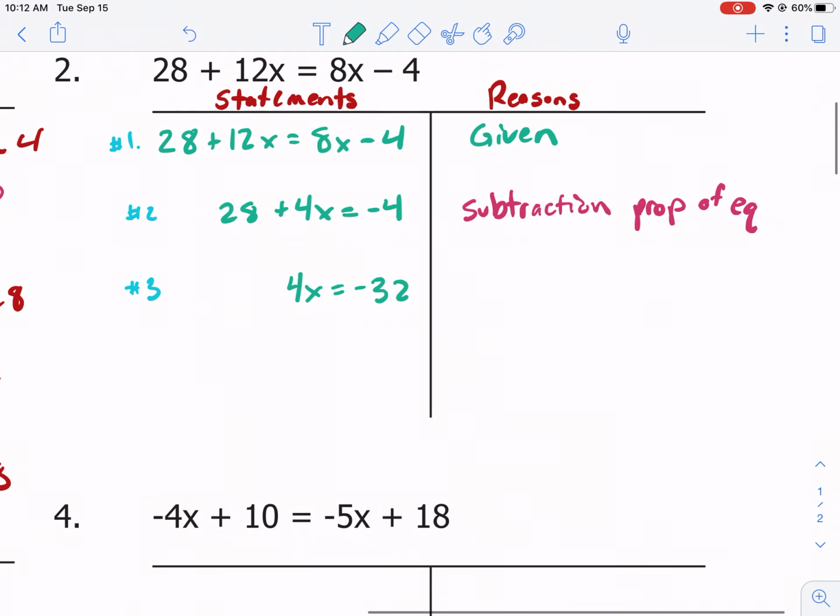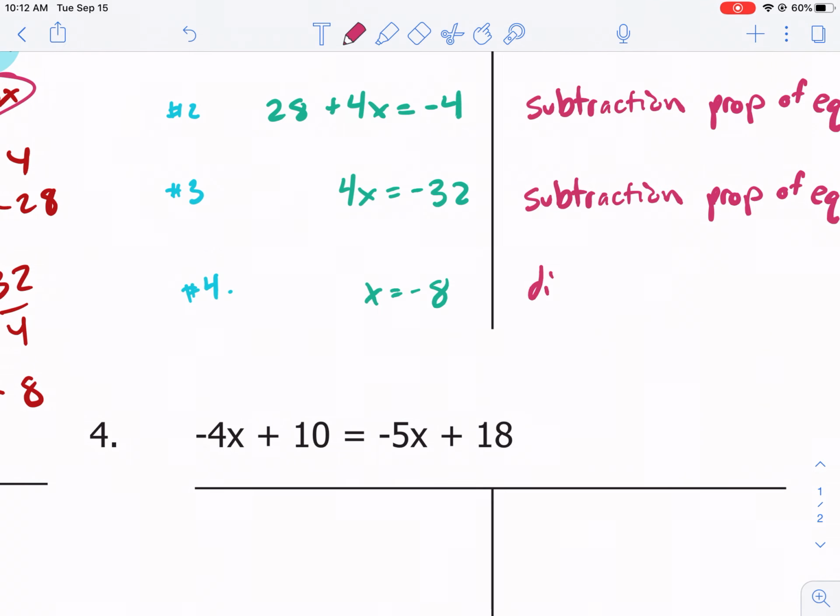Again, we use the same thing: the subtraction property of equality. So we're going to post that right there. The last step, we got x equals negative 8. We have our final answer. How did we arrive at this final answer? We used the division property of equality.